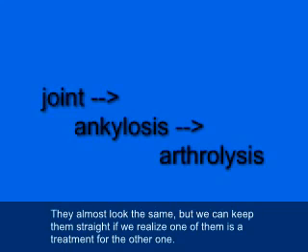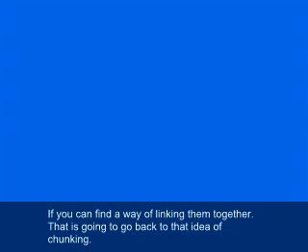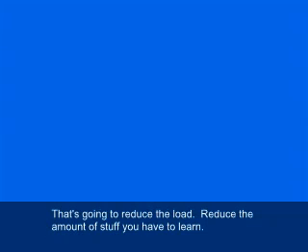They almost look the same, but we can keep them straight if we realize that one of them is a treatment for the other one. And of course, with terms like this, you can also use the word parts. There are word parts here that we know already. But if you can find a way of linking them together, that's going to go back to that idea of chunking. It's going to reduce the load, reduce the amount of stuff that you have to learn.